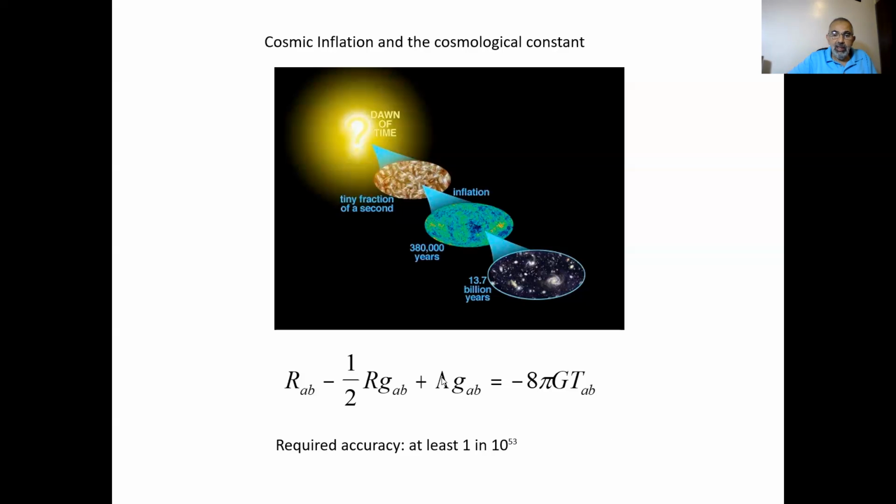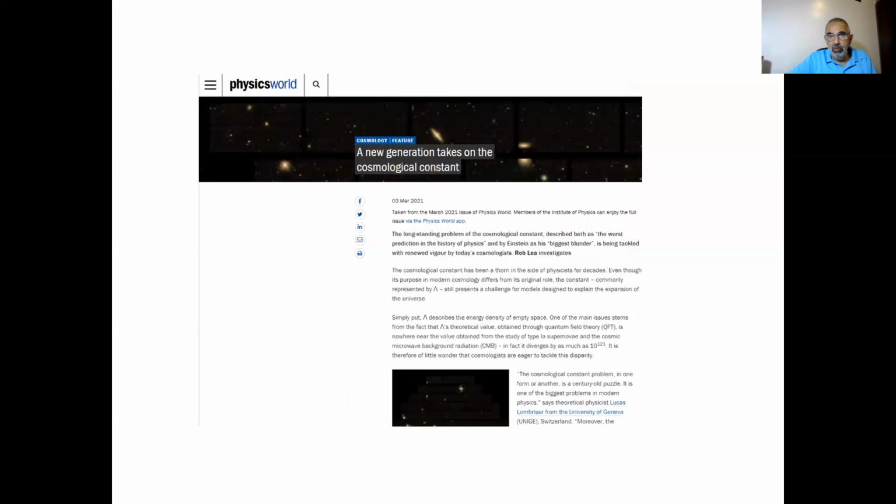Now here looms a very large problem that I want to introduce you to, and that is known as the cosmological constant problem. So that's not a very creative or descriptive name, but let me try to flesh it out a little bit. And here's an article from Physics World saying how a new generation of physicists is taking on the cosmological constant problem, trying to tackle it.